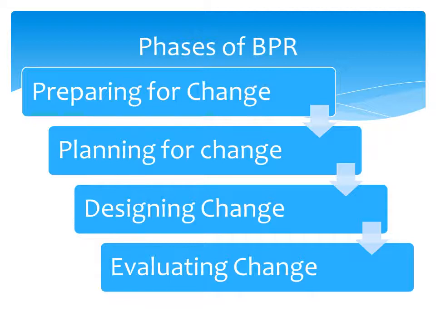A plan is there, B plan is there, C plan is there. Which is the one you have to adopt? You test A plan, you test B plan, you test C plan. You see which one is more suitable for our business, and then you implement the correct one in the business. That phase is what is known as designing change.